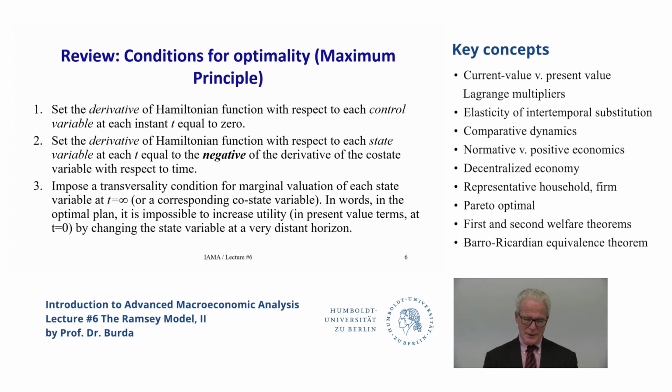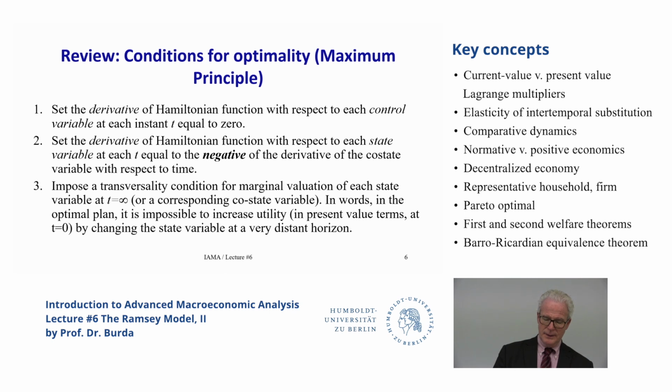The second condition involves the derivative of the Hamiltonian with respect to the state variable. And in this particular setup, we have one state variable, which is the capital stock per capita. And the rule of thumb says to set the derivative of the Hamiltonian with respect to the state variable equal to the negative of the derivative of the co-state variable with respect to time.